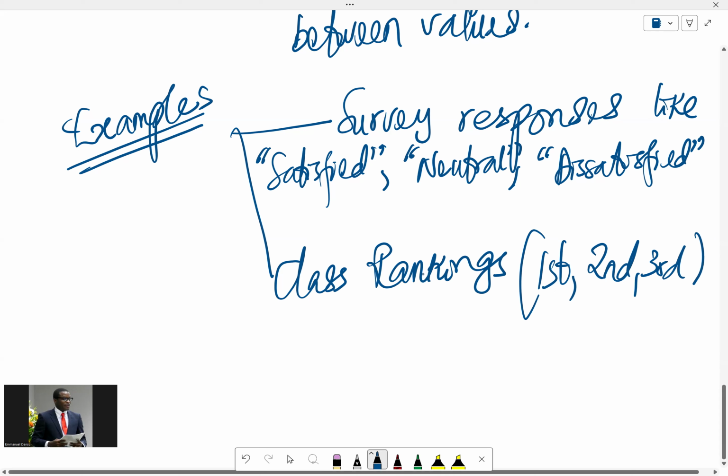But the distance between first and second is not a big deal. The first person can score 98% and the second person scores like 65% and the third person scores 62%. So the interval between the rankings doesn't actually matter. And that is why it is said to be ordinal.